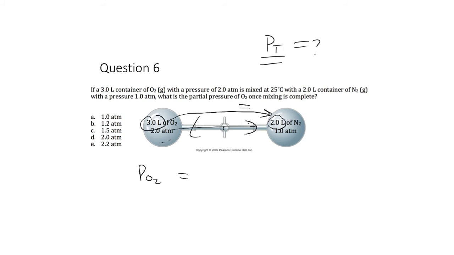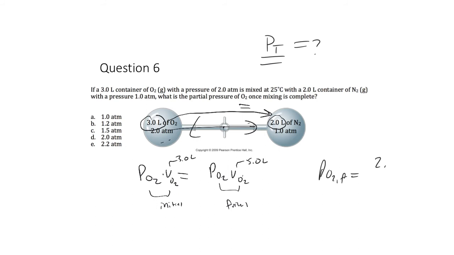And so we just have a P1 V1 of O2 initially, and then our PO2, our VO2 final set of conditions. We're just going from having 3 liters to 5 liters. And so our PO2 final will be equal to our initial pressure, 2 atm, times 3 liters, divided by our final volume of 5 liters.